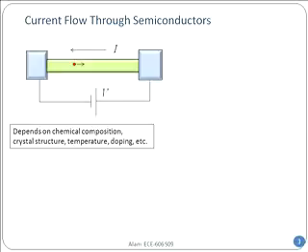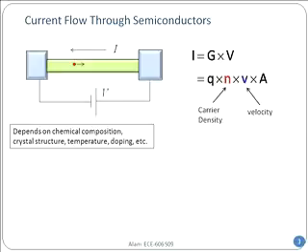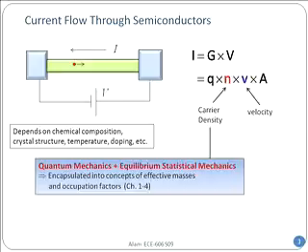And one thing we immediately realized from the very beginning is that this will depend on what material it is, how the atoms are arranged. And so that is the first thing we discussed in chapters 1 and 2. And then we immediately said that the current flow is proportional to the number of electrons and the velocity. And the number of electrons, how do we calculate that? Well, that is what we did in the last 12 lectures, sort of.